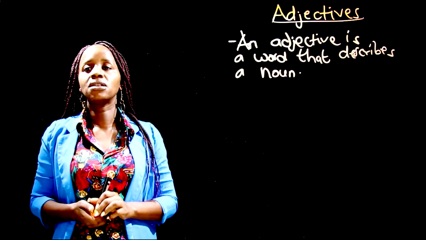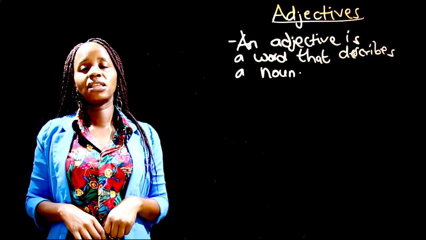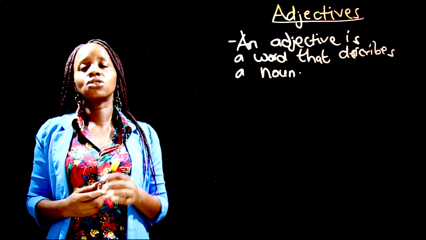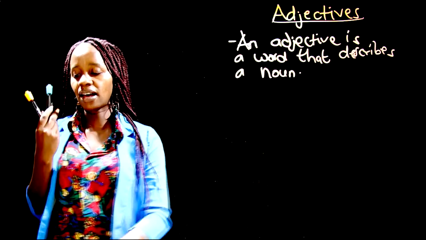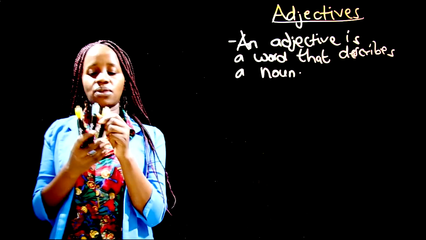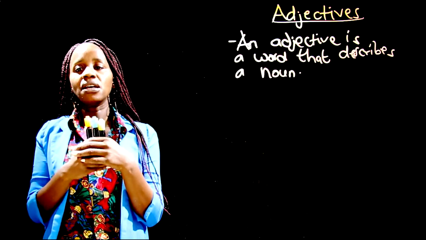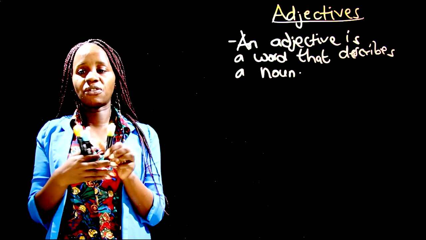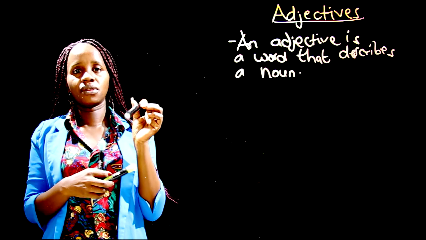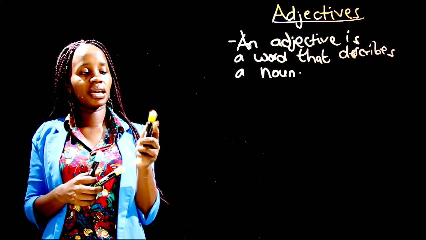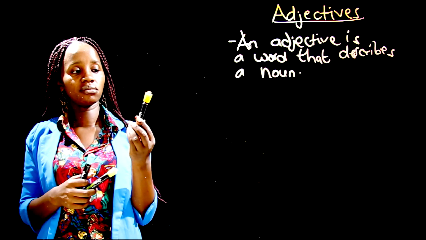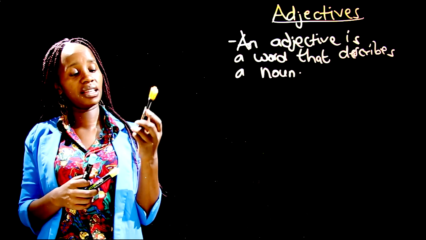For example, I gave an example with a pen or pens. If you look at this pen, the one that I'm holding, and I have another one here and another one here, I have so many pens. Let's try and describe the first pen, this one. How will you describe it? I think it's long.